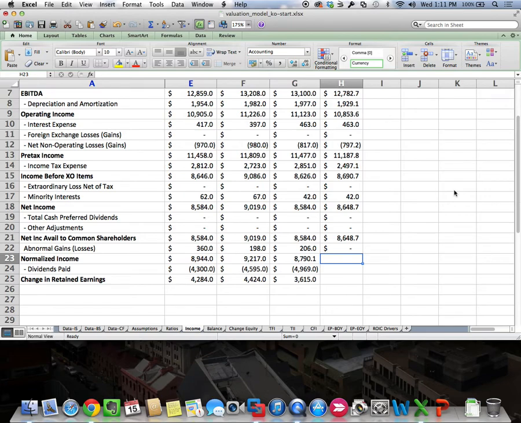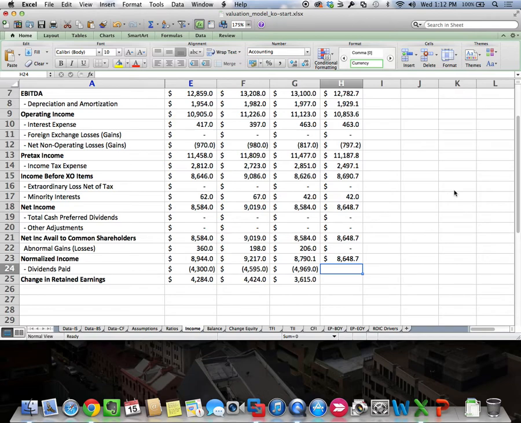They should be part of the EBITDA. So we're going to leave that at 0. Normalized income equals the net income plus the abnormal gain. And as I said, if you feel it's important to forecast an abnormal gain or another adjustment, you can always go back and do it and just adjust the statement.